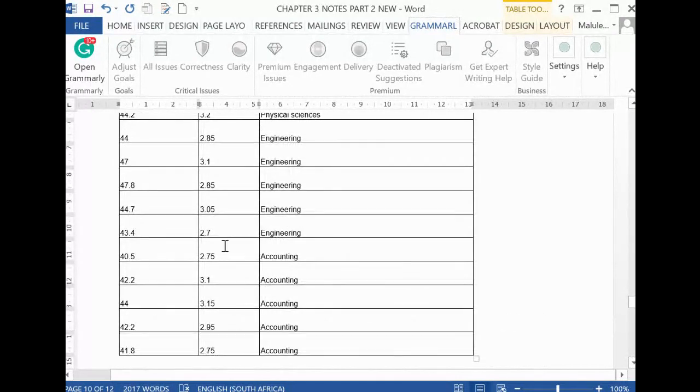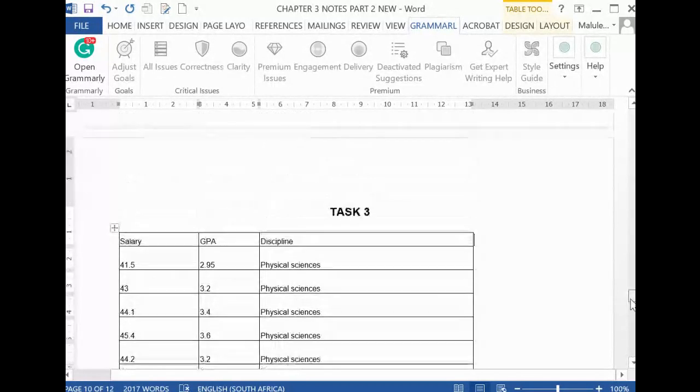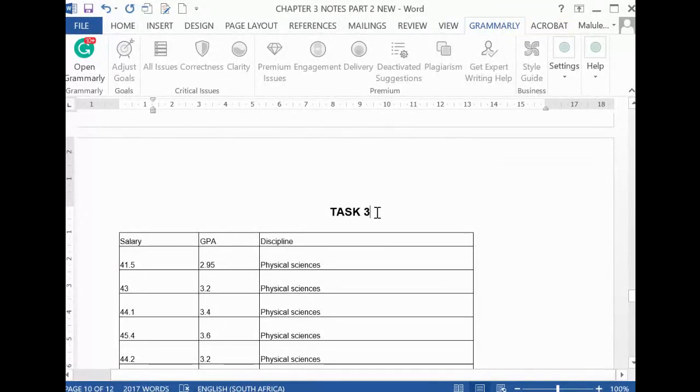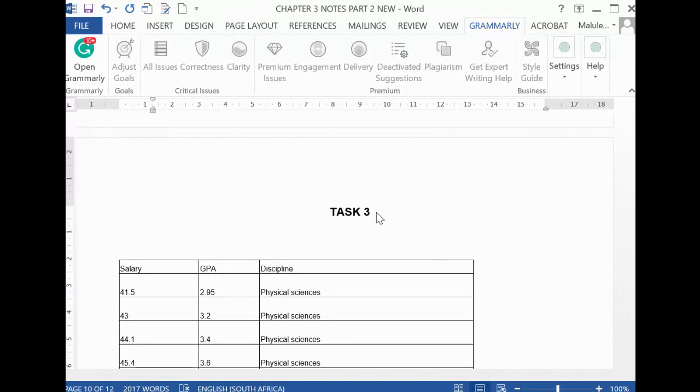Accounting. So the first column there is talking about what? The starting salary. I will give you the statement which goes with this data set, but it's exactly what I'm saying.